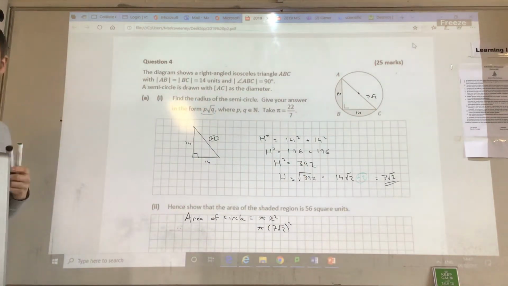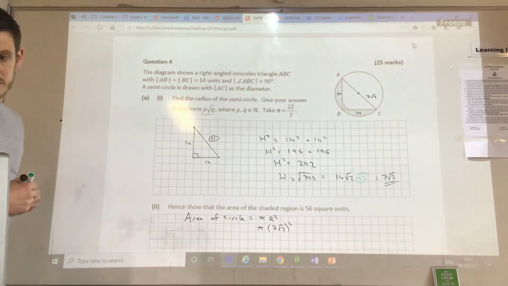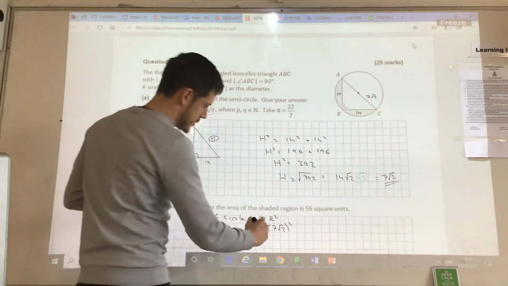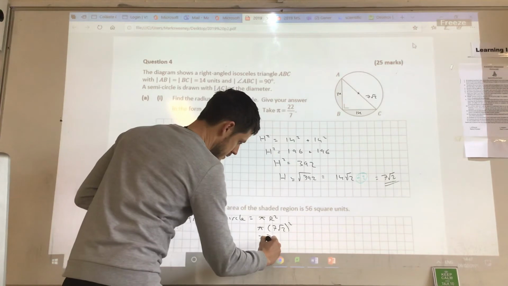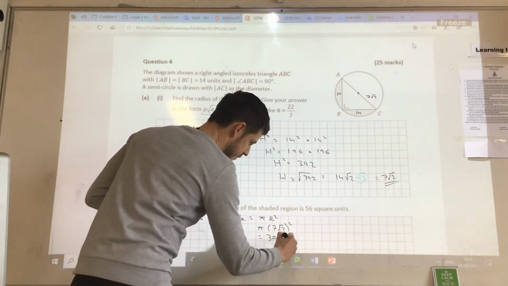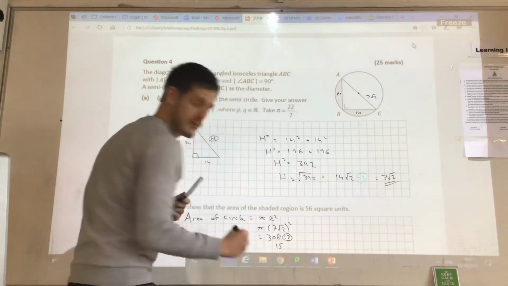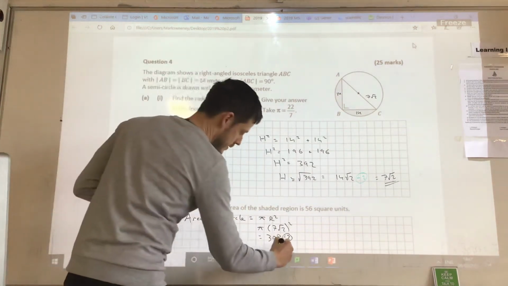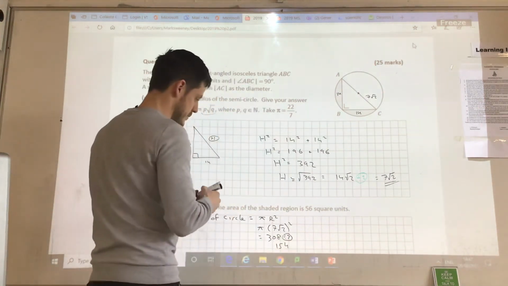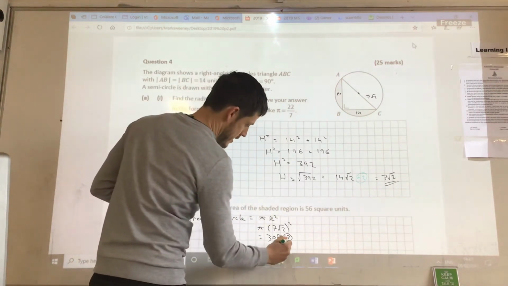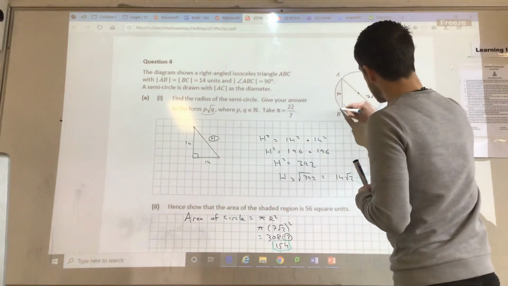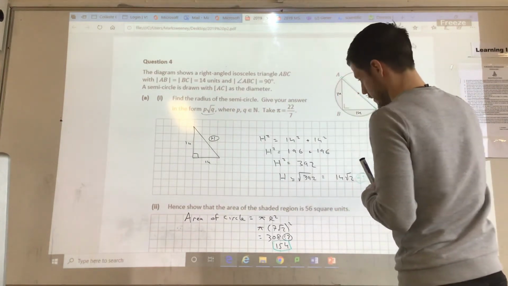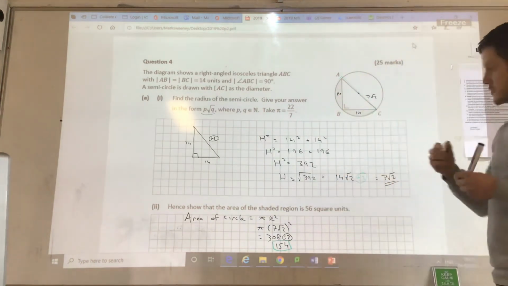Then, my answer from that, I'm going to halve. I'm going to come out with 308 for that. I'm going to halve it, so I divide it by 2, and I get 154. So 154 is my area of the half circle here. Remember, I only care about my half circle for the moment. So 308 was my whole circle, but I just want the half.